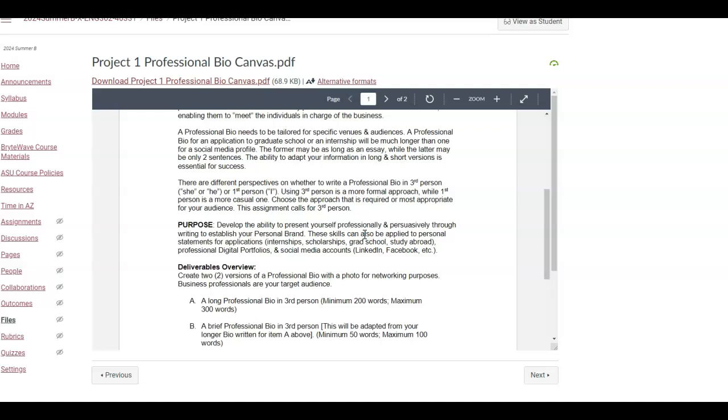That evidence needs to come in the form of concrete examples, naming businesses you've worked at, naming internships you've had, naming new businesses that you've created. They're going to be very specific. It's going to be written in third person, very formal, objectively describing you and creating a brand, okay?